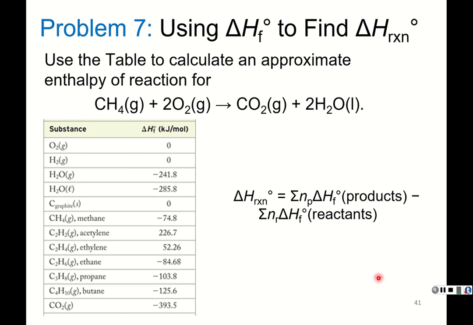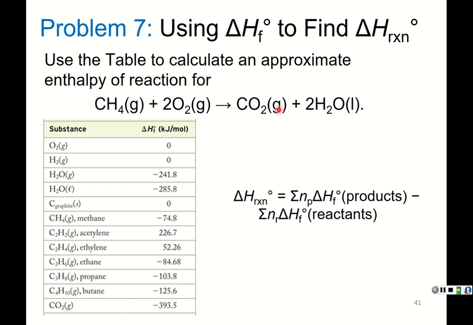And we're given this reaction again, CH4 plus O2, so the combustion of methane going to CO2 plus water. So we just look up these delta H of formation values for our products and reactants. Our products would be CO2, which if we look that up, that's right here.